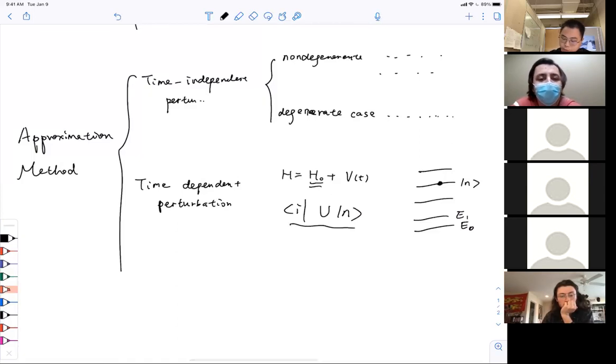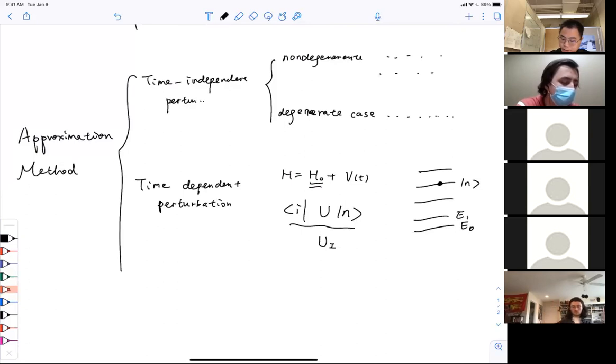That's the general question. In general, we would go to the interaction picture and calculate the evolution operator in the interaction picture, and we have the so-called Dyson series, and Fermi golden rule, stuff like that.